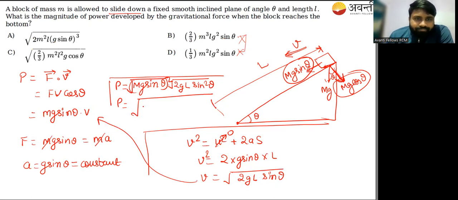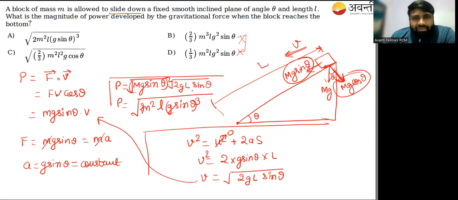So this will become 2 times m square L into g sin theta cube. Because g sin theta you have here, it is not square, it is only sin theta.